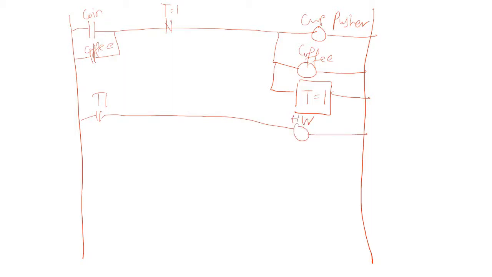Okay, and because the timer will turn on in just a blink, so it's like a push button, you need a latch for that. So this is a hot water latch. And what else will turn on? So this hot water will be turned on for exactly 2 seconds. So you need a 2 second timer.